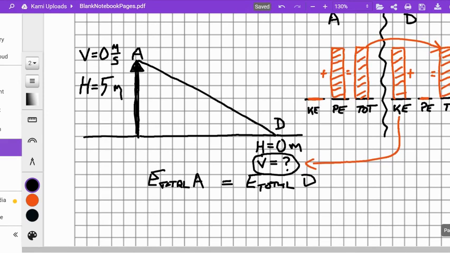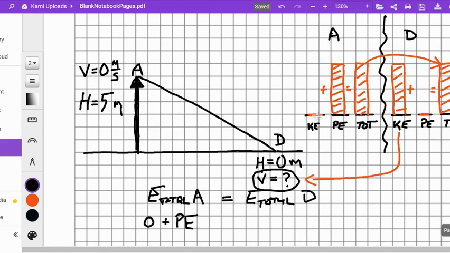And so at A, I don't have any kinetic energy. My bar graph says there isn't any, but I do have potential energy. Okay, that adds up to a total. So my bar graph is telling me that the first term is 0 for kinetic energy. The second term is not.